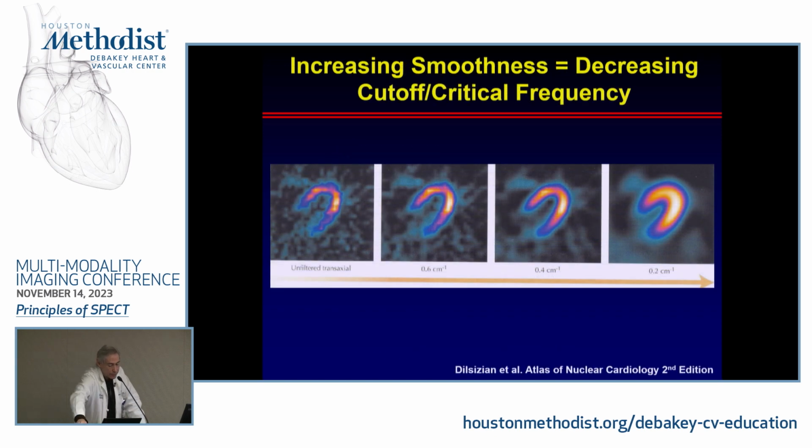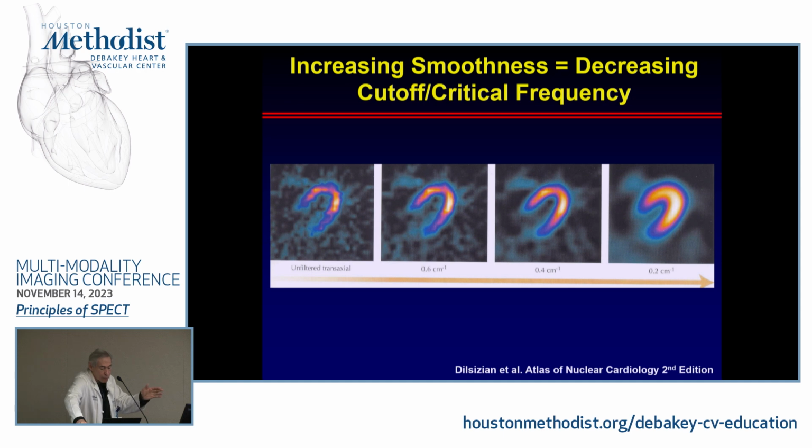So here's an example of an image where you have loss of high frequencies as you go across. And you can see that the first unfiltered image is very noisy. It's very granular. It's very uneven.